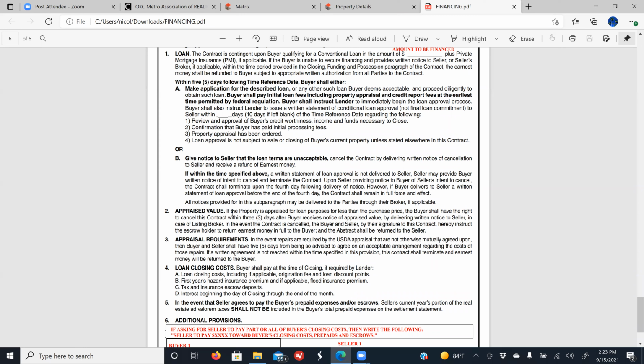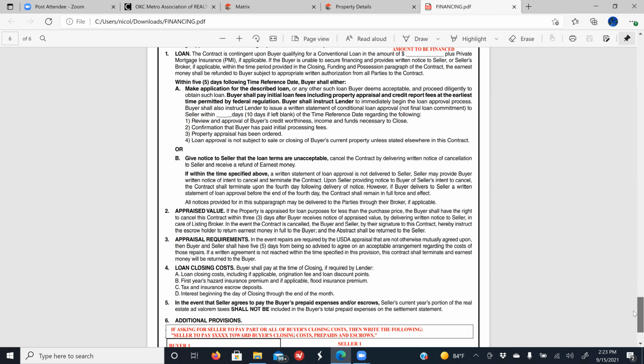This talks about the appraisal value. So again, in all of these, anytime you're obtaining the financing, the house must meet appraised value unless otherwise agreed to and documented how that appraisal gap will be covered. And then again, it talks about closing costs, that these are the closing costs that are the responsibility of the buyer.